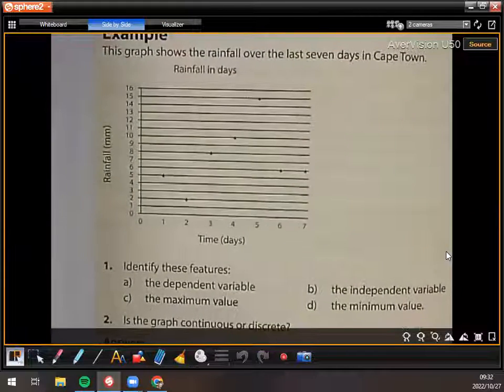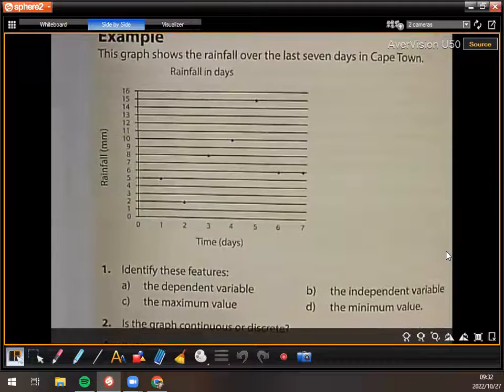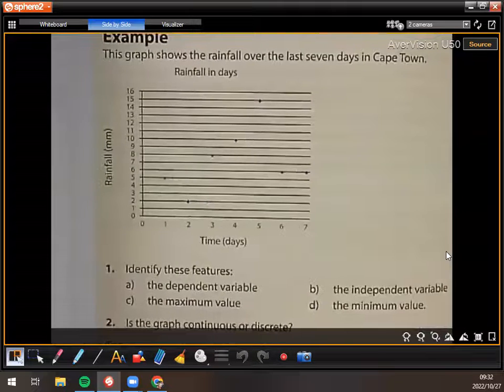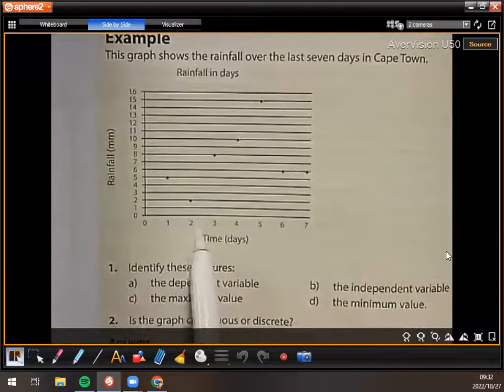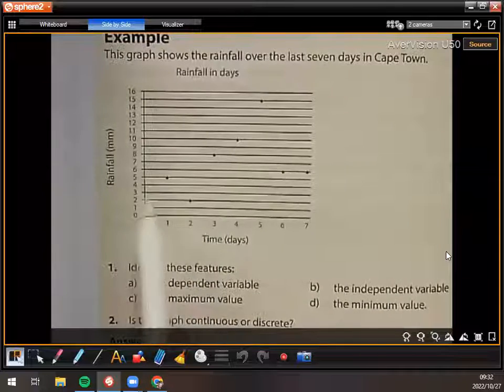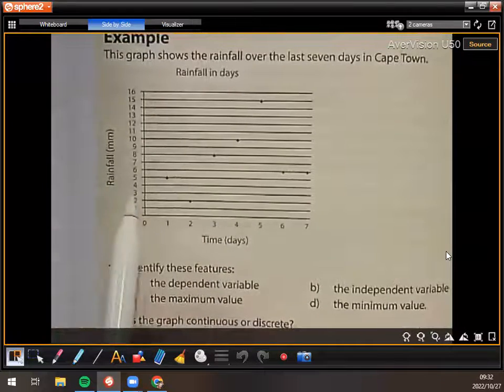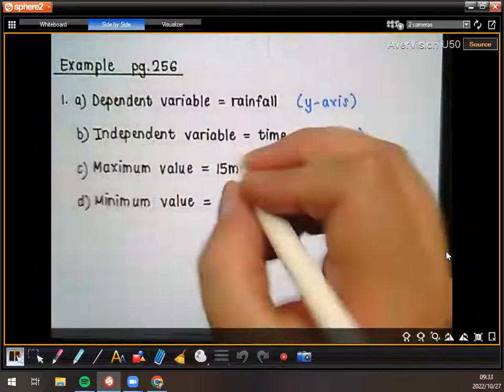Minimum value, what do we think? 2. 2 what? Millimeters. It was on day 2 or on the second day, but we need to always write the actual value on the side, the millimeters. So 2 millimeters.